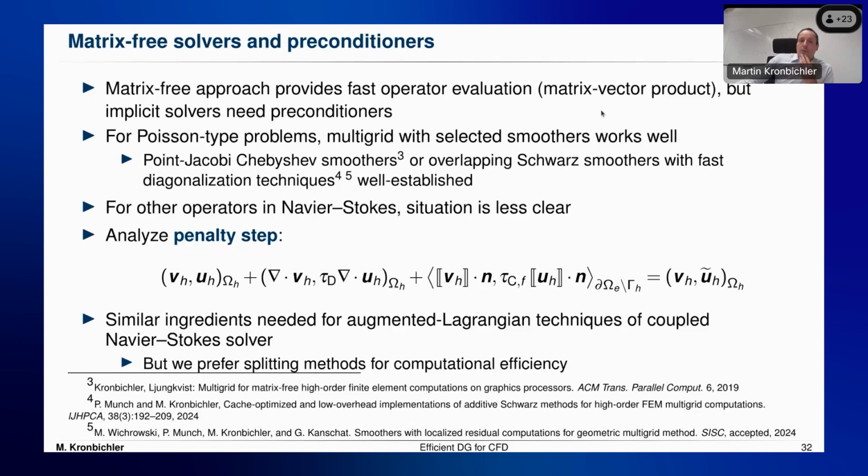But for the other operators in Navier-Stokes, the situation is not so clear. If you do the splitting method, we have the Helmholtz-like equation where you can do the diagonal. This is okay. But I want to focus today on one of these operators, which is this penalty step. I said before that we introduced this to enforce the H-div conforming property, imitating Raviart-Thomas, but we don't really do it for real.